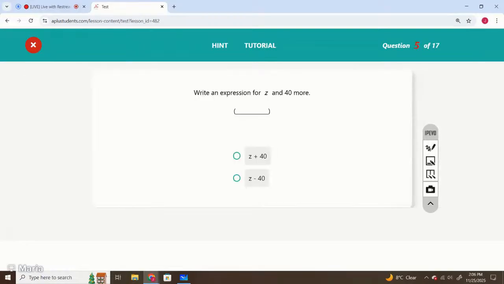Option number 1 is the correct option. Write an expression for z and 40 more. That is z plus 40. Option number 1 is the correct option.